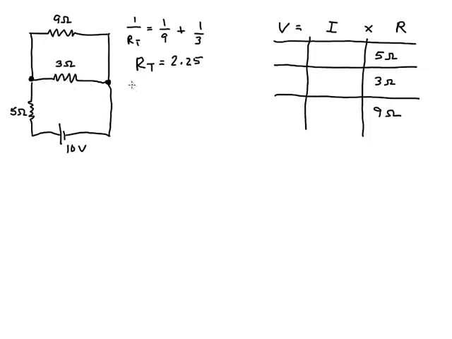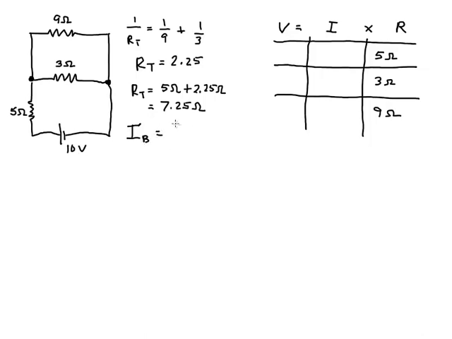If we add those two resistances, we get the total resistance being 5 plus 2.25, which equals 7.25 ohms. That is the total resistance for the entire circuit. What can we do with that? Find the current through the battery. I'm going to abbreviate it with a B for brevity's sake.